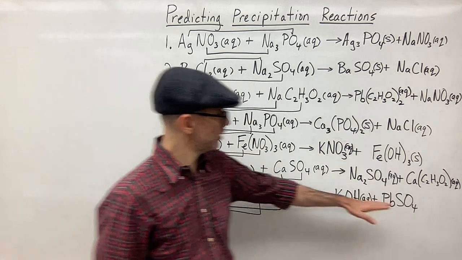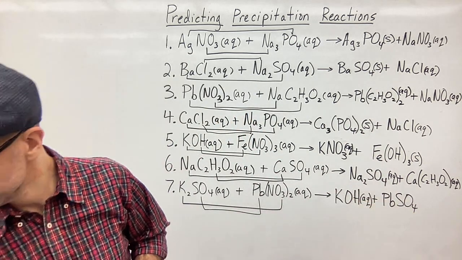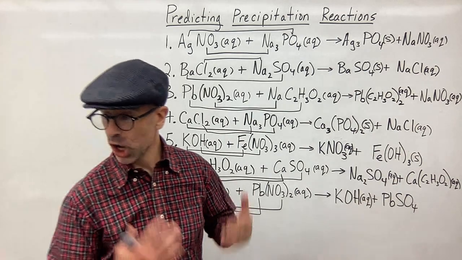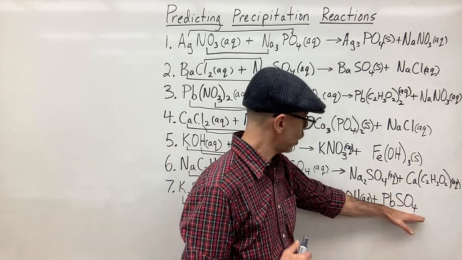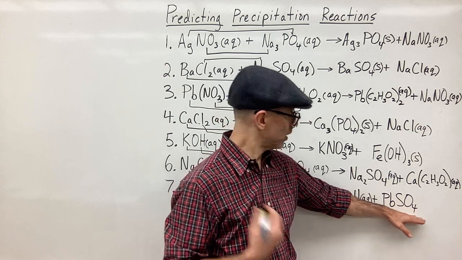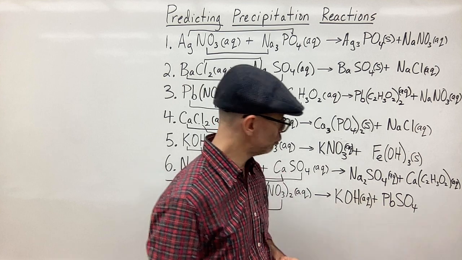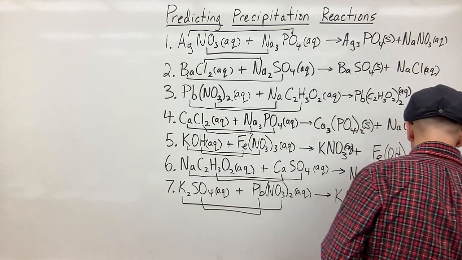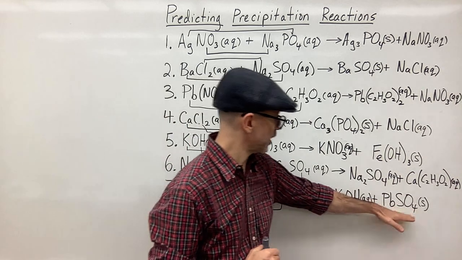And then here we saw that sulfates are going to be water soluble except barium and lead 2. Here we have a sulfate, and here we have lead 2. So this is going to be insoluble. It's going to be a solid. So we have a precipitate here.